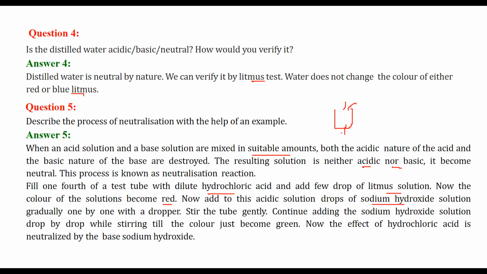Now just stir the tube gently. You can continue adding the sodium hydroxide solution drop by drop while stirring, moving it around, till the color just becomes green. Now the effect of HCl is neutralized by the base sodium hydroxide. Sodium hydroxide and HCl are neutralized and give rise to a green color, and this green is an indication that they are neutralized.